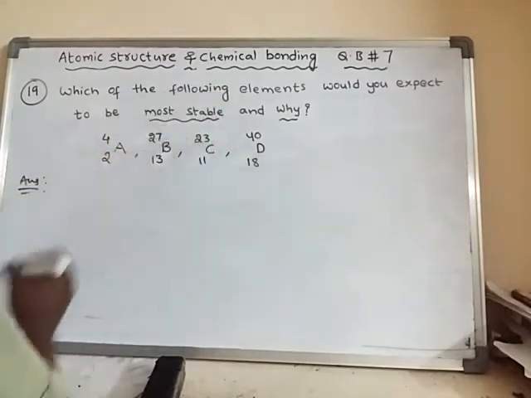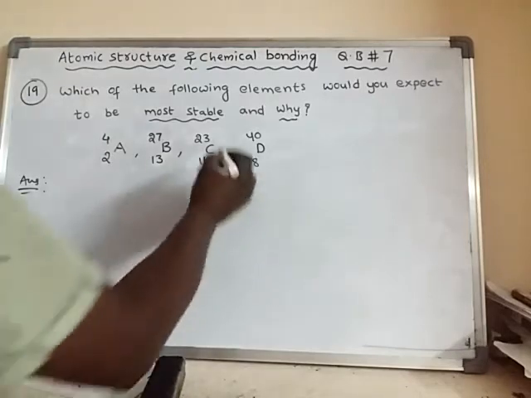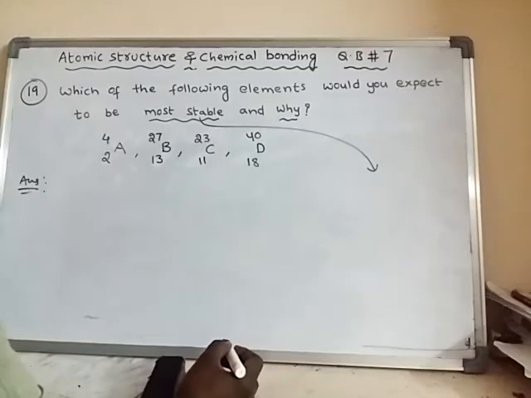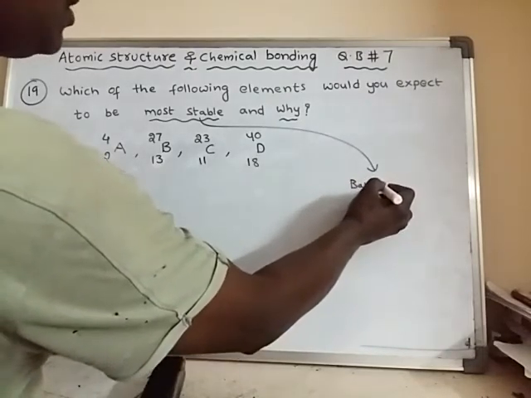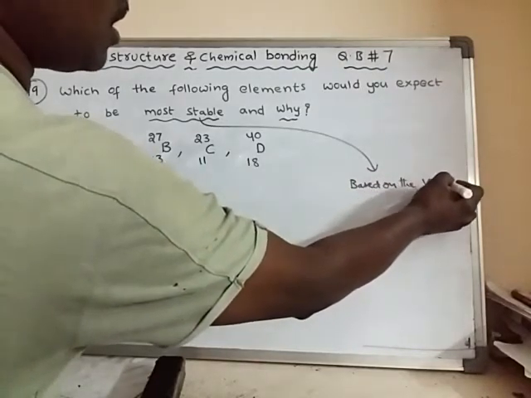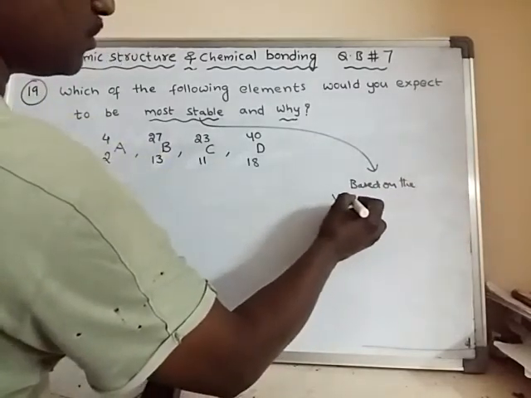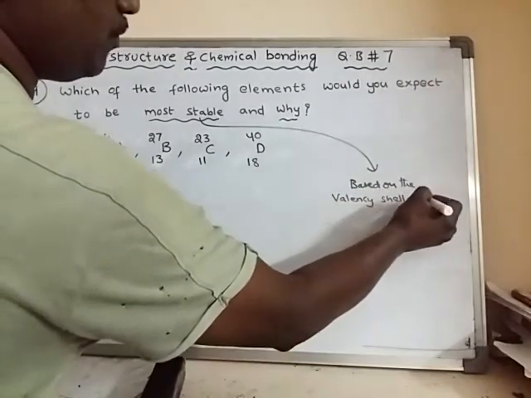Most stable means the most stable electronic configuration, based on the electronic configuration only, based on the valency shell. Valency shell electronic configuration.